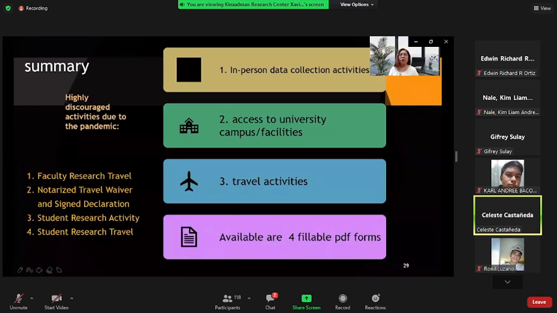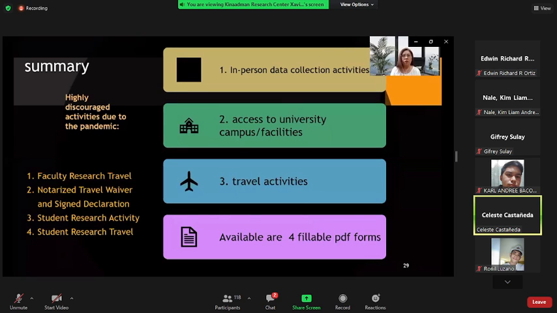Okay, so in summary, the highly discouraged activities due to the pandemic are the following: in-person data collection activities, access to university campus facilities, as well as travel activities. To be able to do activities, especially for graduating students, related to research, there are 4 fillable PDF forms that you can use.